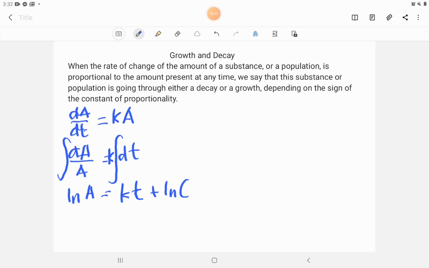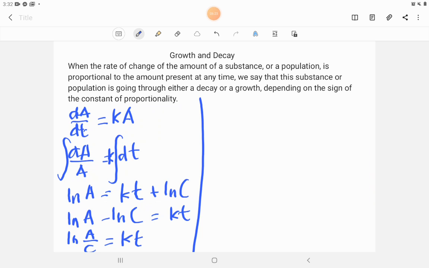Then we transfer ln of c to the left side in order to group like terms. So we have ln of A minus ln of c. Then we have ln of A over c equals kt, the term on the right side.